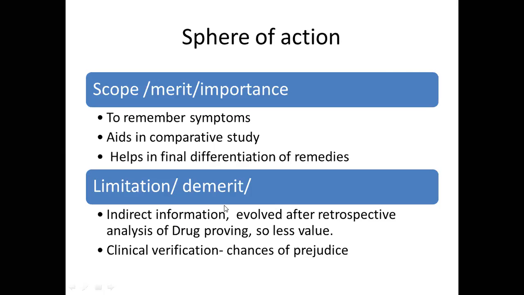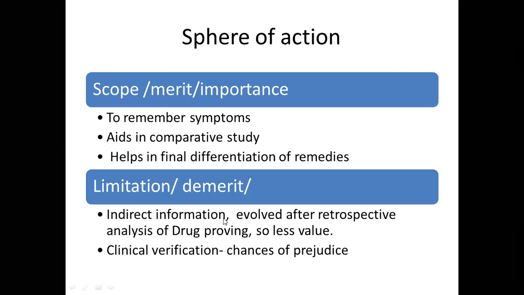And again, the method of clinical verification also gives chances for the prejudices of various homeopathic physicians. Now, for example, we'll take the previous example again. Rhus tox, Ruta, Bryonia act on tendon, joint, and serous membrane, and Podophyllum and Aloes act more prominently on the GIT. If I rely too much on this information, I will never prescribe remedies like Rhus tox and Ruta in GIT cases.